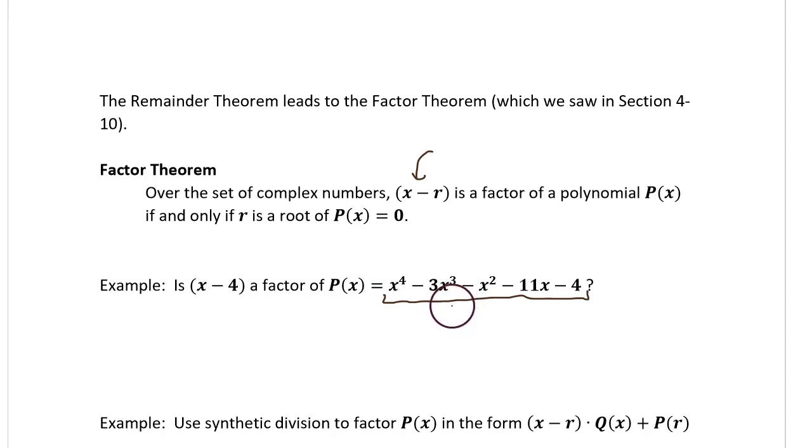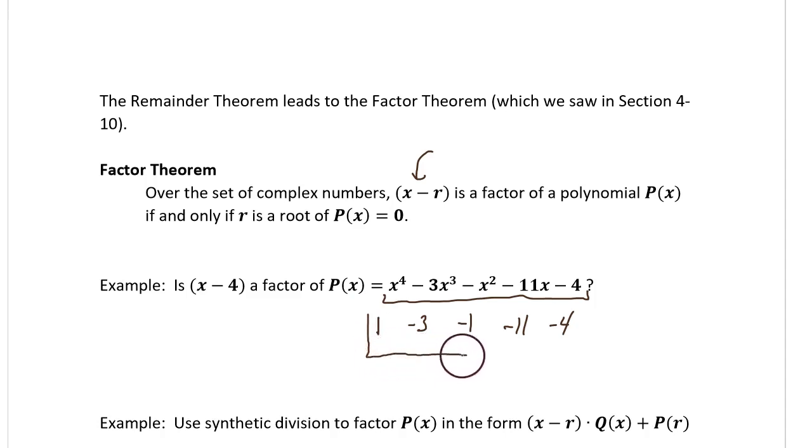Let's not use long division, because if you remember from a different chapter, long division is pretty complicated. It's easy to mess up as you are subtracting the different columns. Instead, let's use synthetic division. So write out the coefficients. 1, -3, -1, -11, -4.